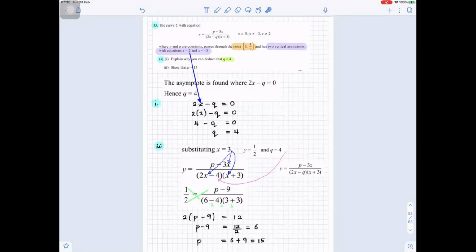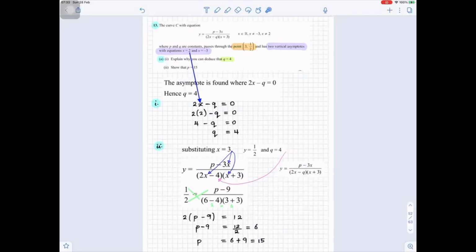So you simplify that and you cross multiply. So 2 times (p minus 9) is equal to 6 minus 4 is 2, 3 plus 3 is 6. So 2 times 6 is 12, so it'll be 12 times 1, so that's 12 on the right hand side.